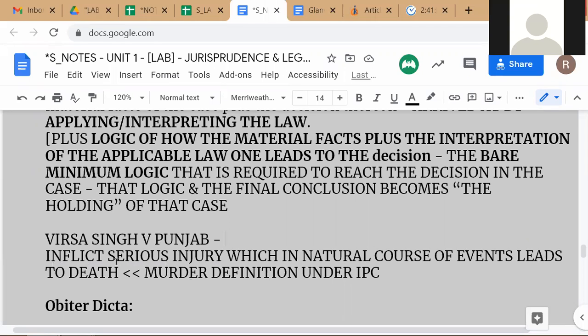In this case this principle was laid down, that it doesn't have to be directly murder, but if you cause an injury which in the natural course of events leads to death, that will also attract the same penalty as murder.